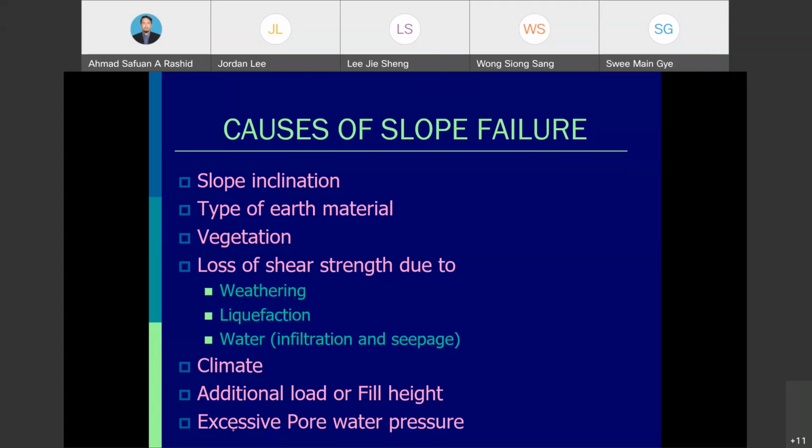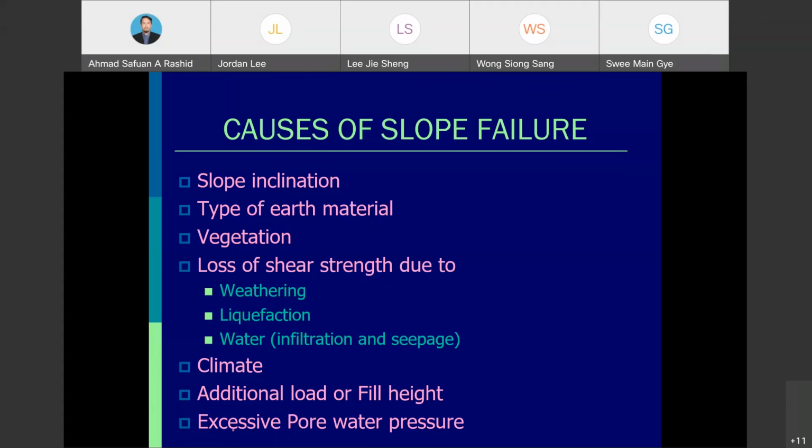But the slope area is located higher than the groundwater level, or the slope is not fully saturated.